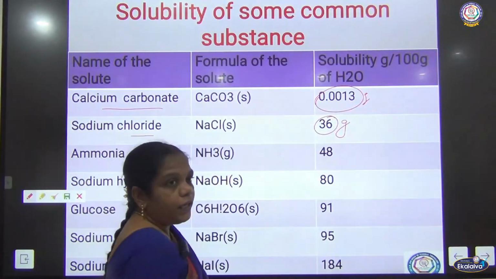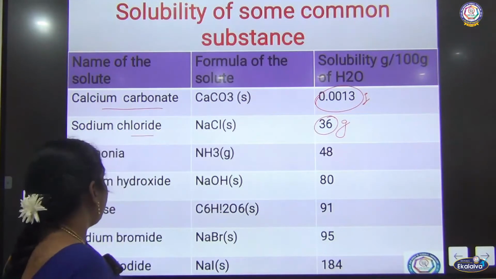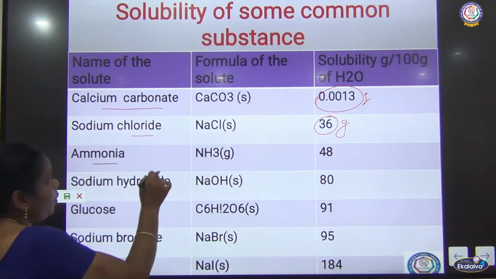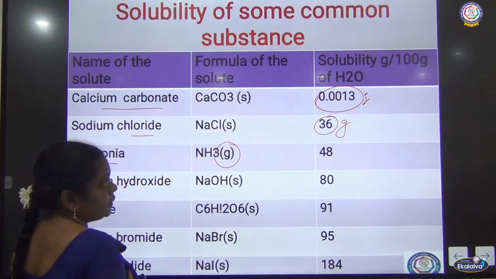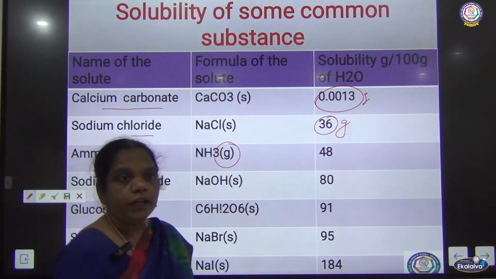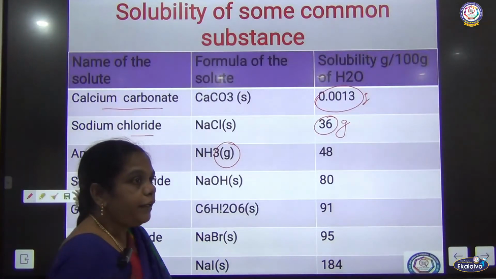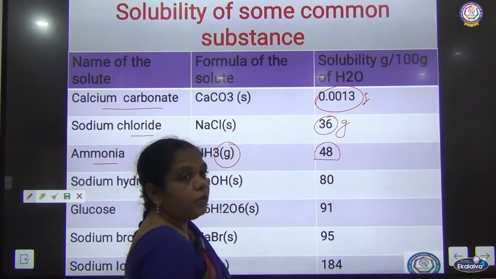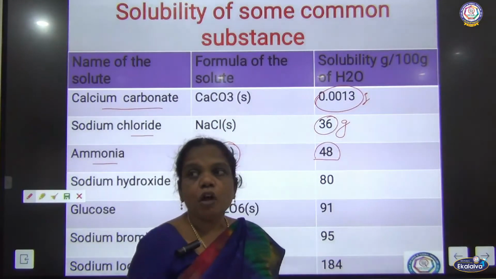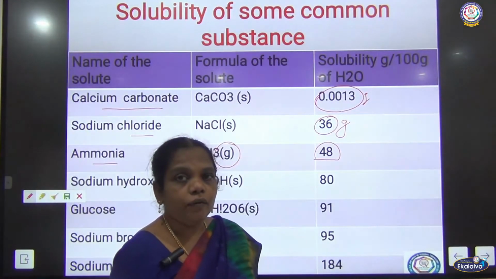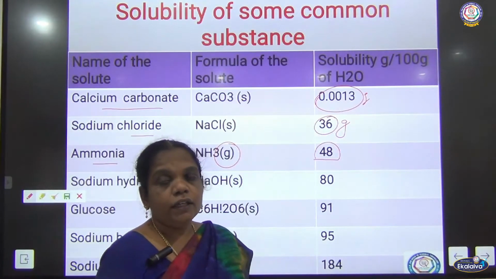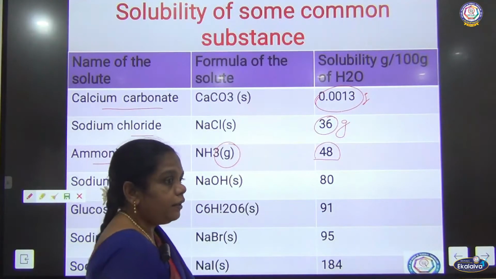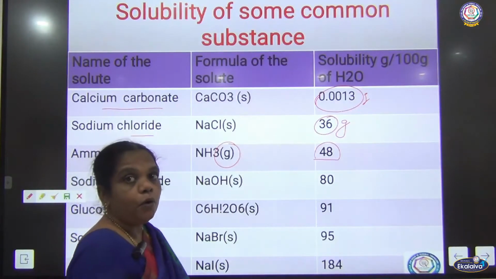Saturated point of sodium chloride. And ammonia is in the form of gas, and the gas can be soluble in liquid. So 48 gram of ammonia gas can be dissolved in 100 gram of water. Understand?